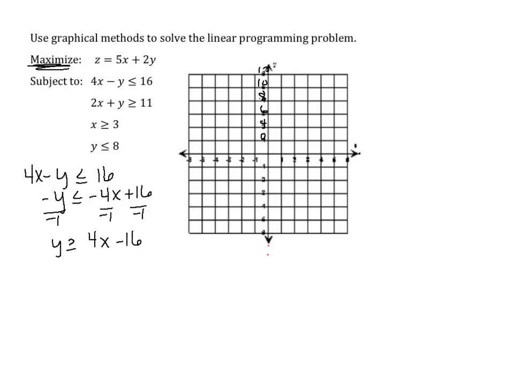And we're going to go up 4 to the right 1. Oops, we should have been in the middle. There we go. And we are going to have a solid line.